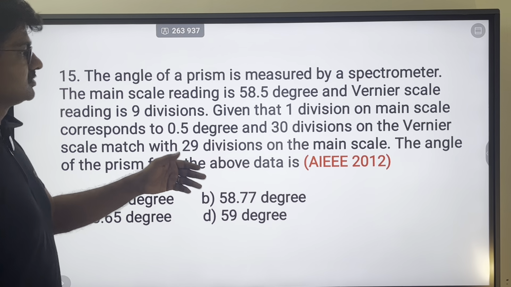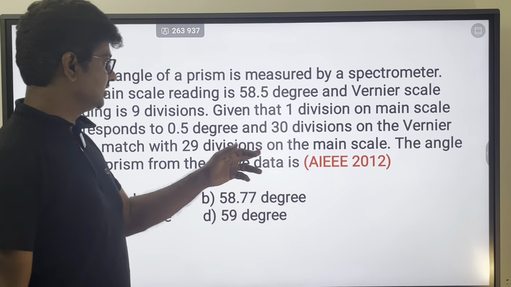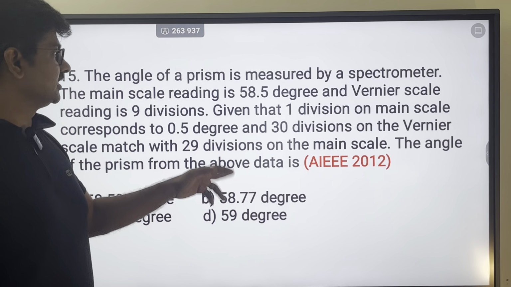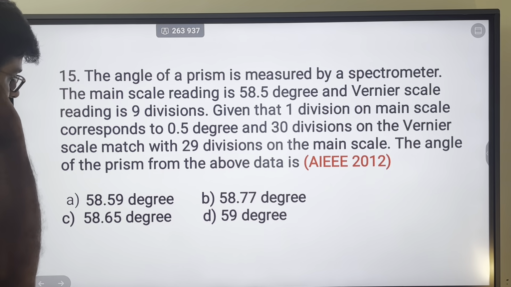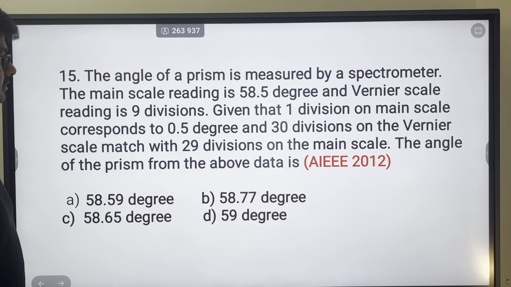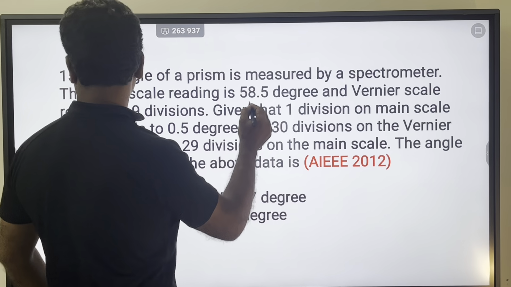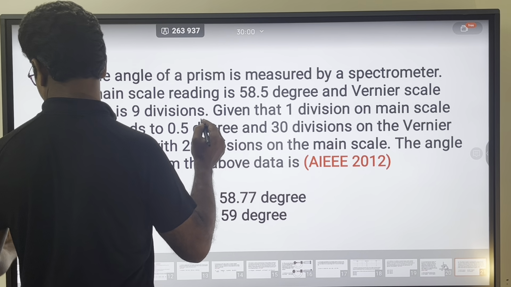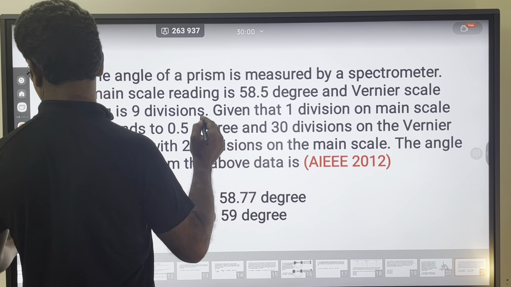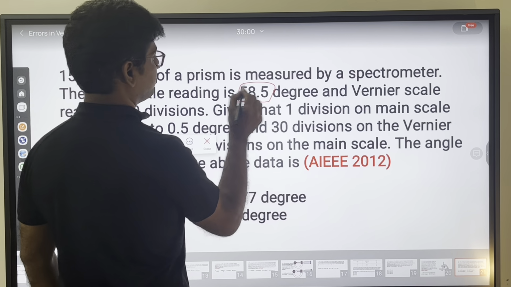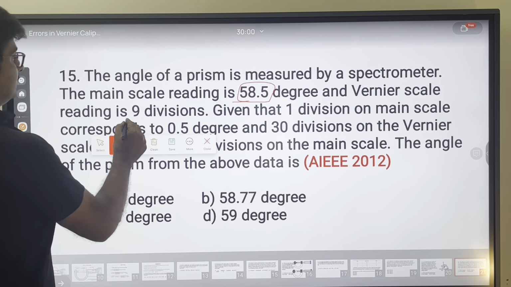But in the previous problem, you were supposed to find only the least count. But here, from the above data, you have to find the angle of the prism. The main scale reading is given as 58.5 degrees, and the vernier scale reading is also given.